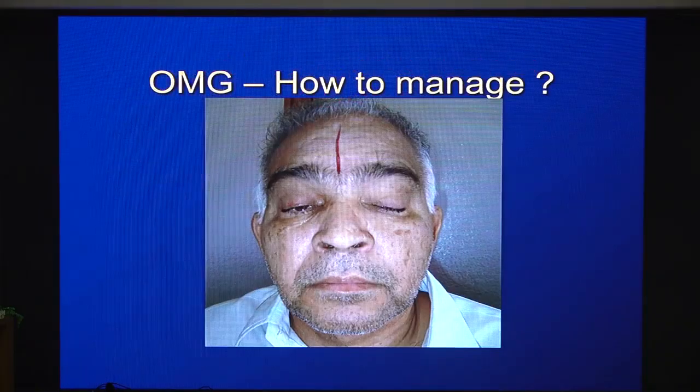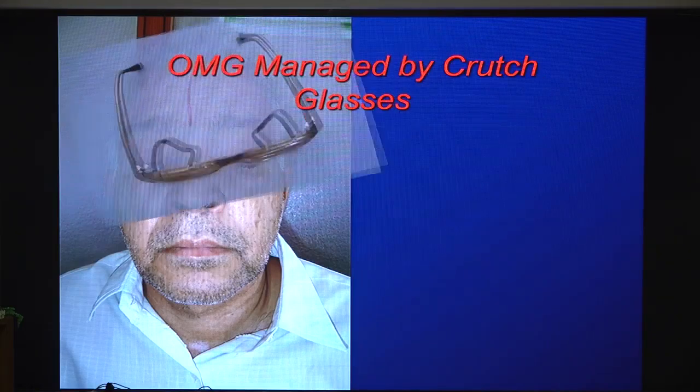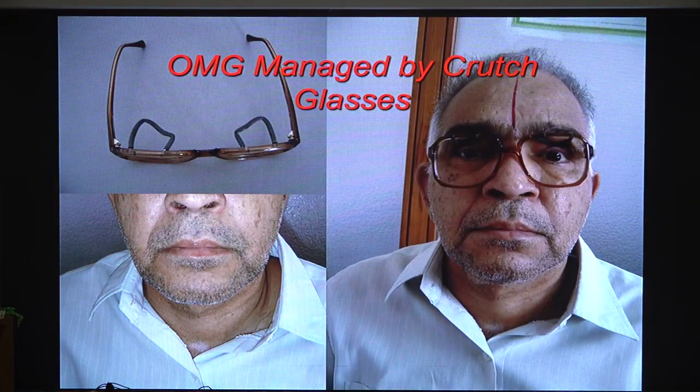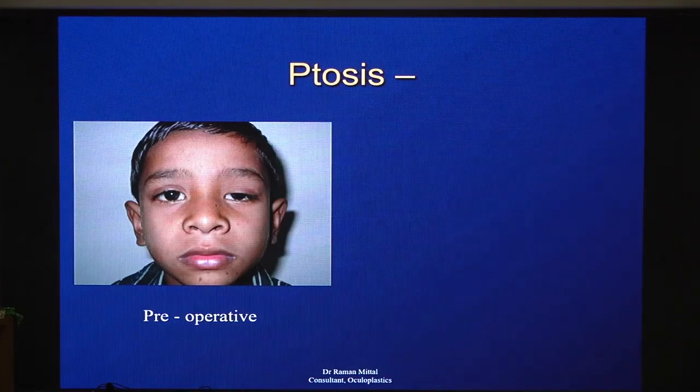In cases of CPEO, generally we should not be doing surgery, so we use crutch glasses to help the patient lift the lid. Also in cases of neurogenic ptosis, with third nerve or not, you can use crutch glasses to tide over the time till the patient improves.